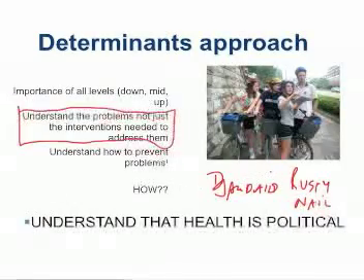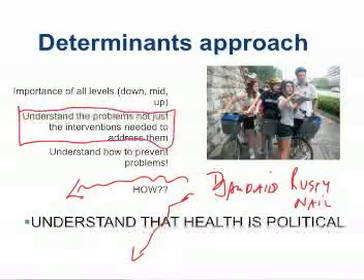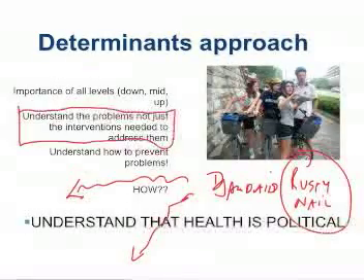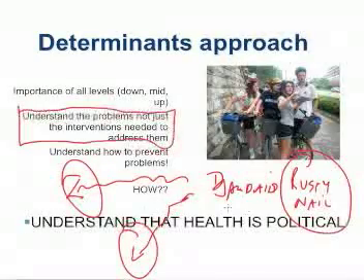But in fact, as you come to realize, there are many other upstream factors that actually contributed to the rusty nail being there. And so by understanding determinants, we can take action here and here further upstream so that we can decrease the risk of this problem happening in the future.